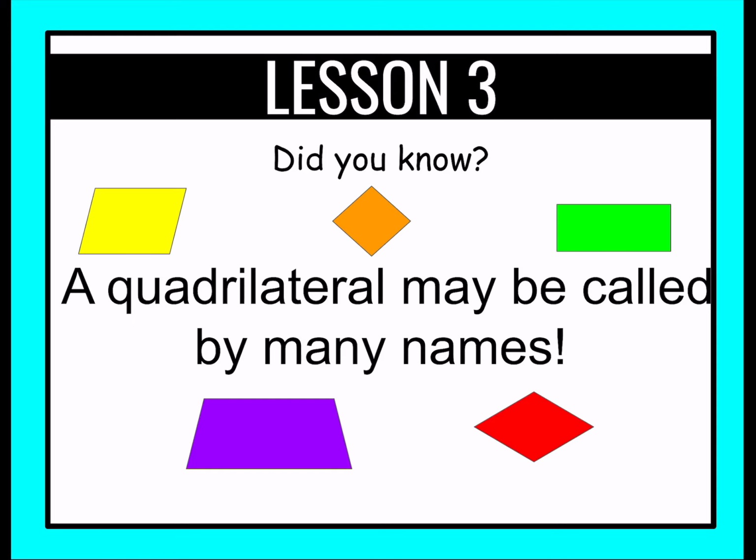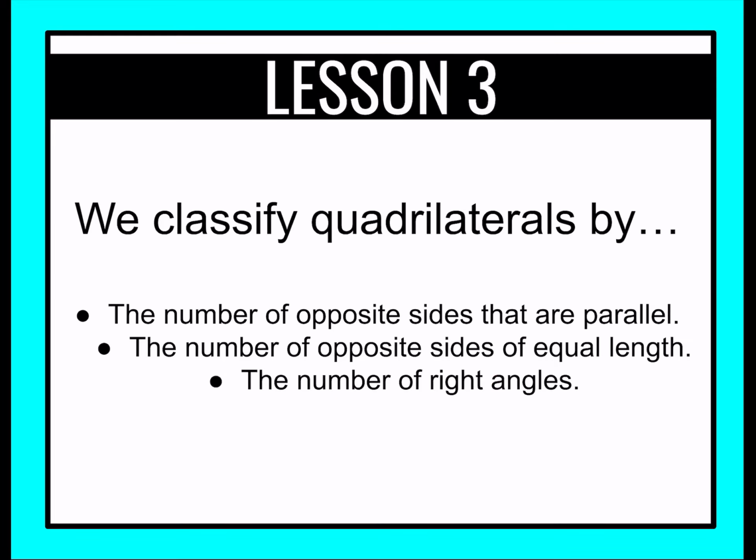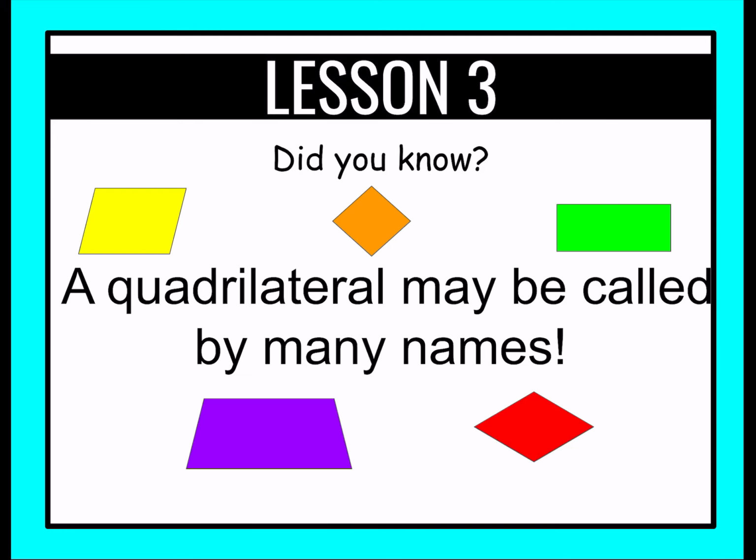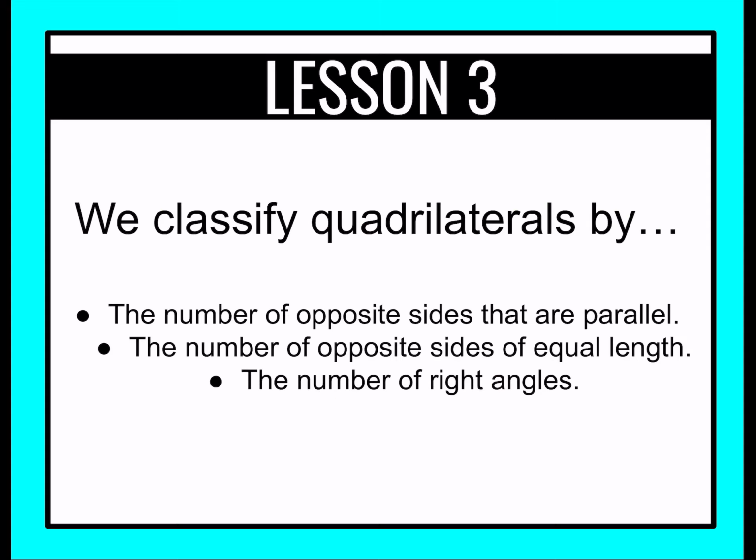All right, so a quadrilateral may be called by many names, and we just went through that. For instance, this is our rectangle, and it can be called a quadrilateral. It's a parallelogram, and it's a rectangle. So it has many different names. So we classify quadrilaterals by the number of opposite sides that are parallel.